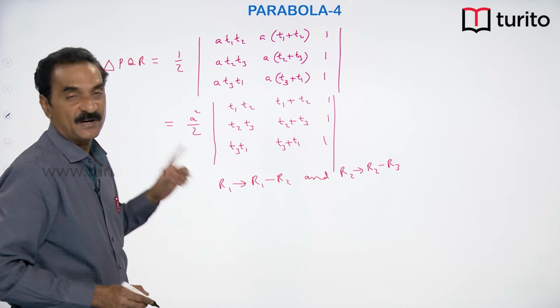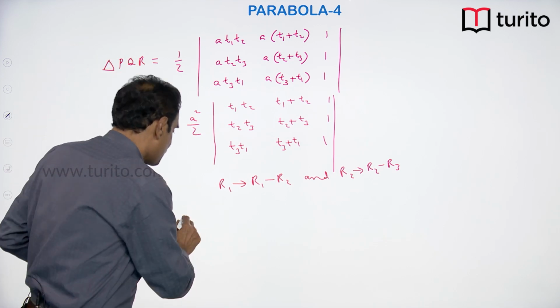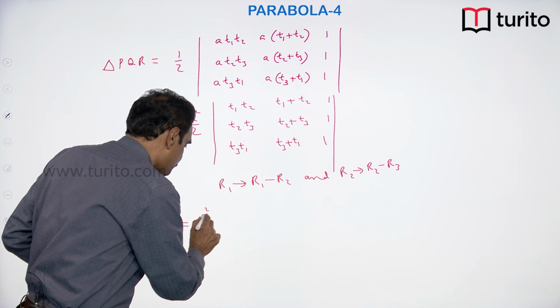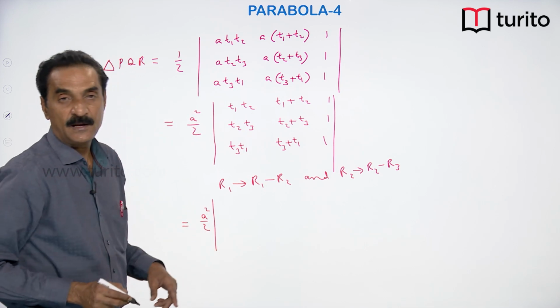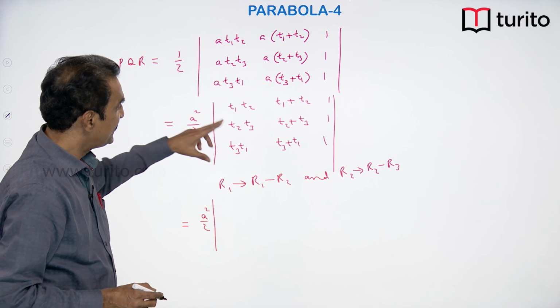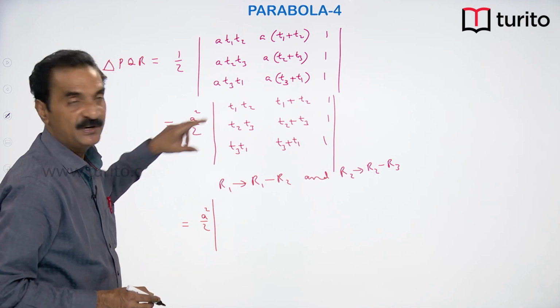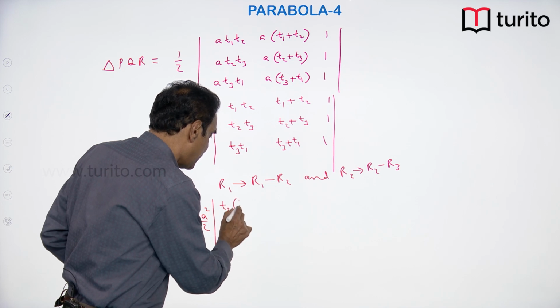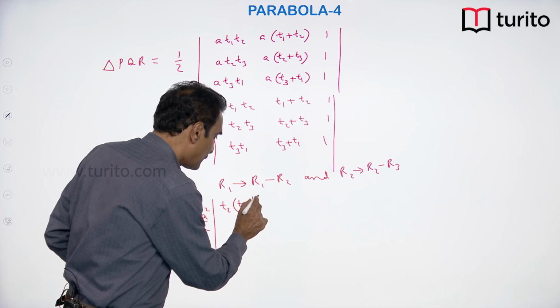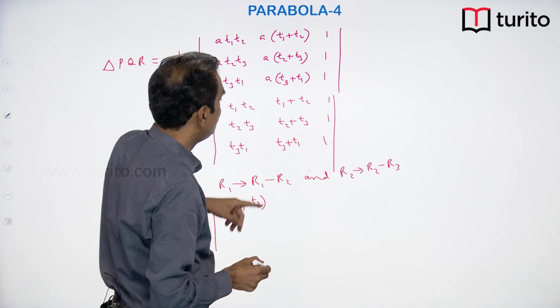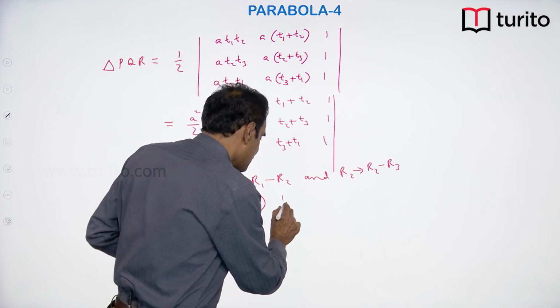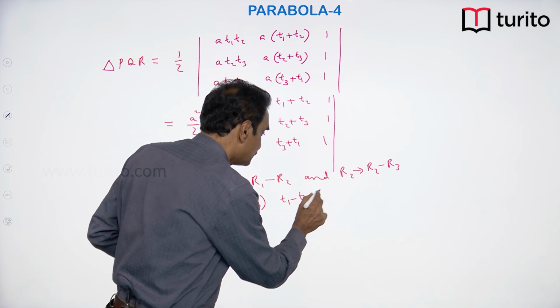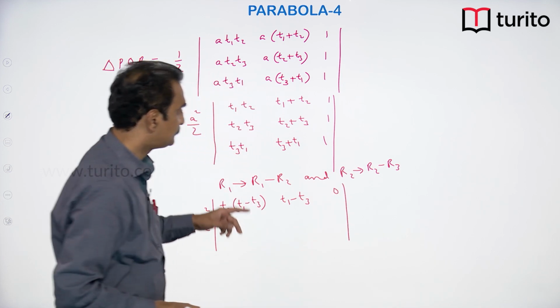By applying these operations, you will get A square by 2 into the determinant. This minus this will be what? t2 will be common: t2 into t1 minus t3. This minus this will be t1 minus t3. Here 0.